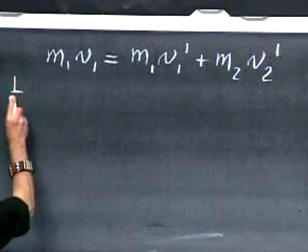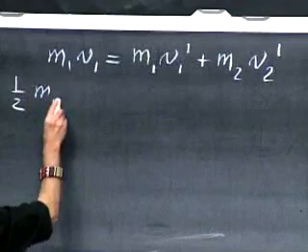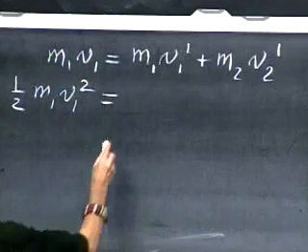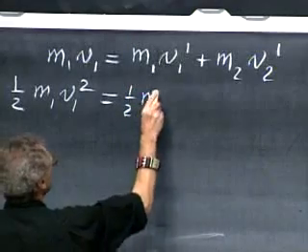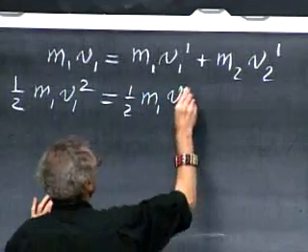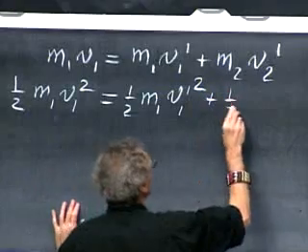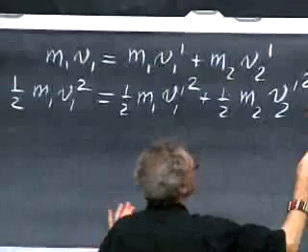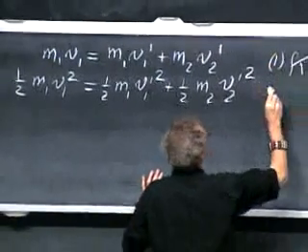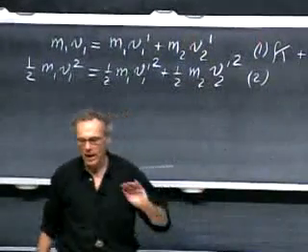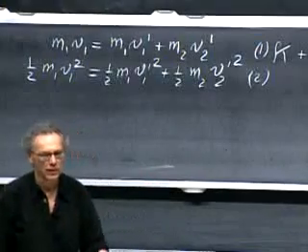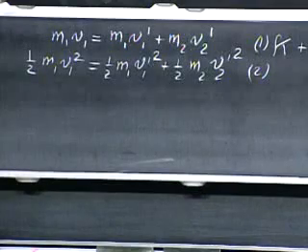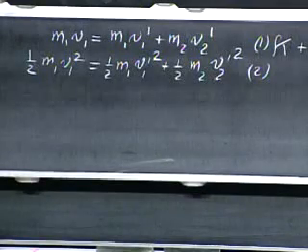And so I can write down now 1/2 m1 v1 squared, that was the kinetic energy before the collision, must be the kinetic energy after the collision: 1/2 m1 v1 prime squared plus 1/2 m2 v2 prime squared. This is my equation number 1, and this is my equation number 2, and they can be solved. They're solved in your book, I will simply give you the results, because the results are very interesting to play with. That's what we will be doing today.